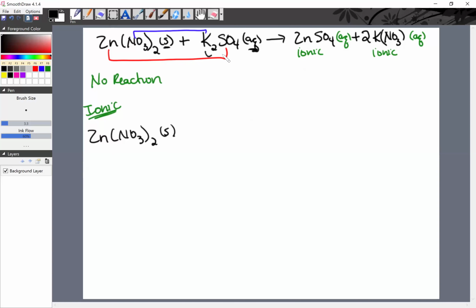Yes. Is it ionic? Yes, break it up. Now that 2, remember, means there's 2 potassium ions, and 1 sulfate. And yes, you do need to put the phase labels. On the right-hand side, are you aqueous? Yes. Are you ionic? Yes. Break it up, which means it's floating around as ions.